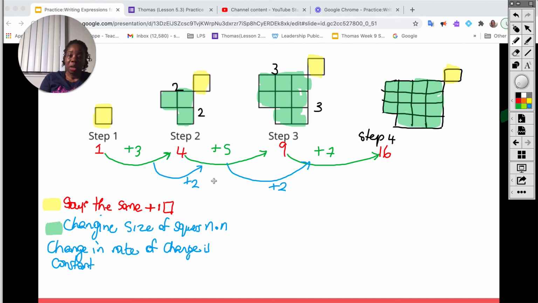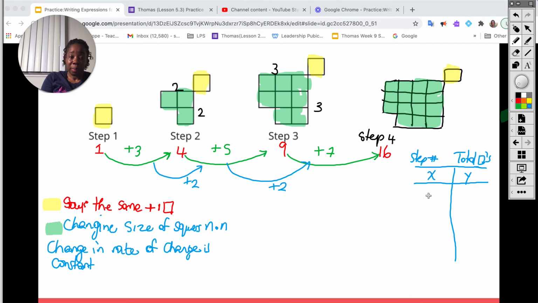How is that helpful? So we want to write an expression that gives us this pattern. So a table is very useful. So I'm going to construct my table. My X is going to represent the step number, and the Y is going to represent the total. So this is step number, and this is total squares.